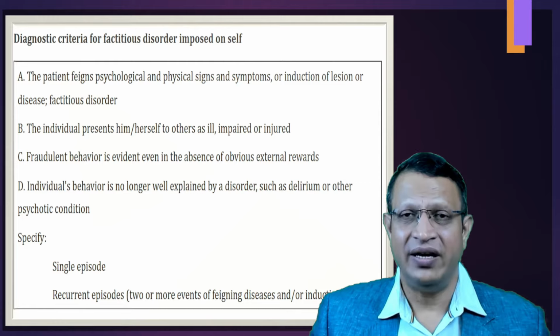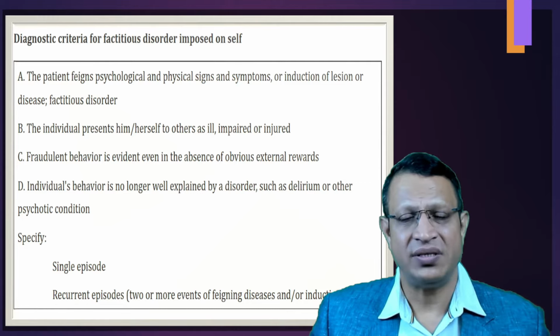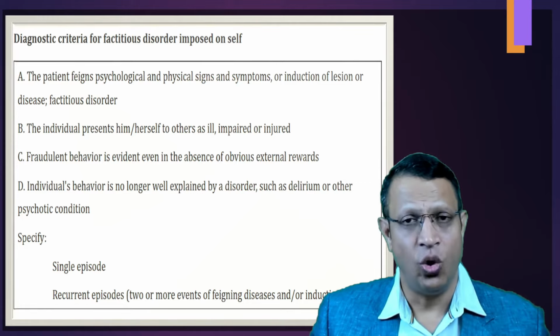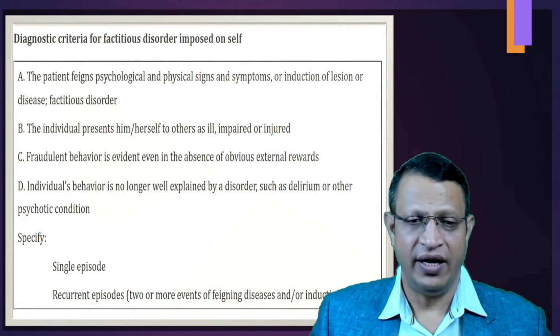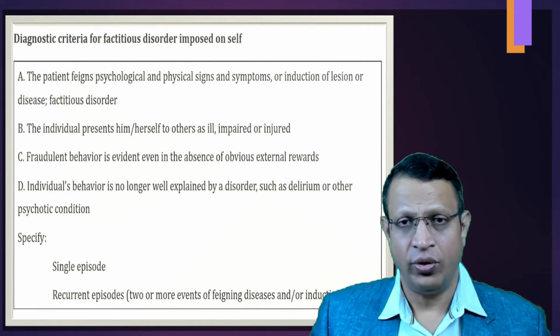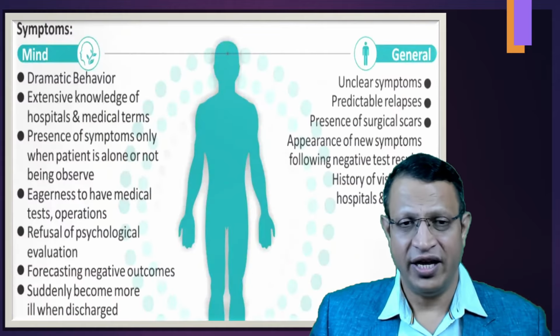Fraudulent behavior is evident even in the absence of obvious external rewards. That means there is no materialistic gain. Finally, the individual's behavior cannot be better explained by delirium or schizophrenia. Either it can be episodic or continuous in nature.